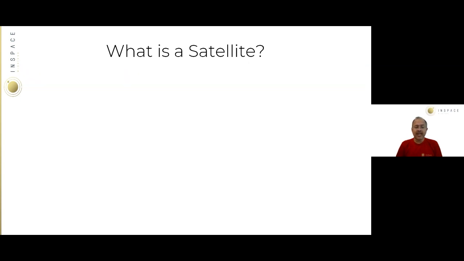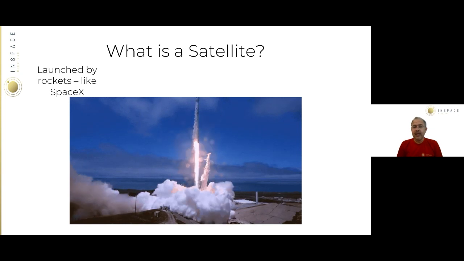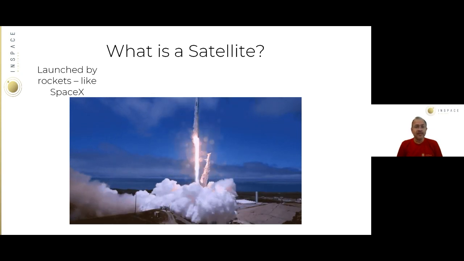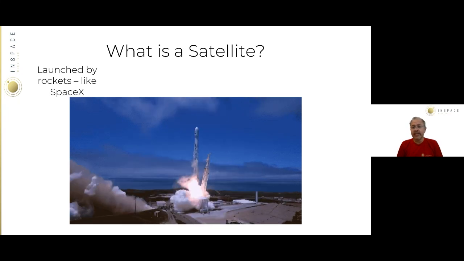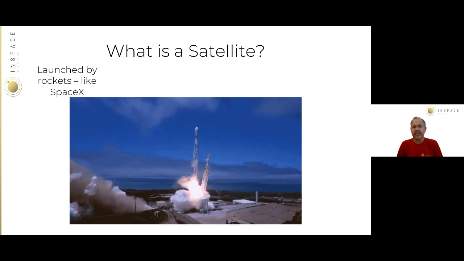What more can I tell you about satellites? How do they get to space? Satellites are launched by rockets. You've heard of SpaceX, Elon Musk's company that launches rockets and satellites every 2 weeks.